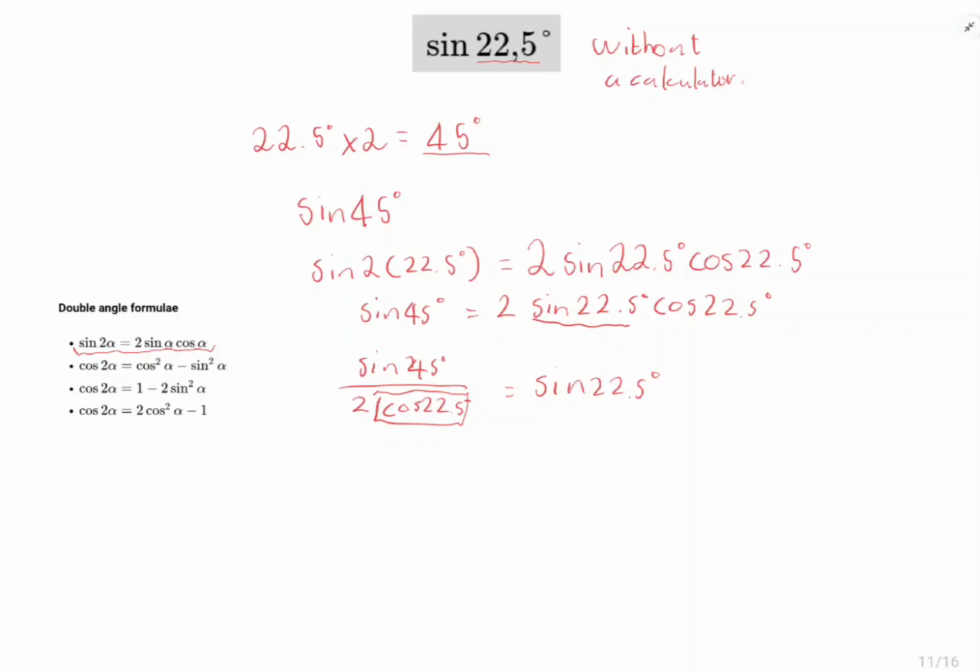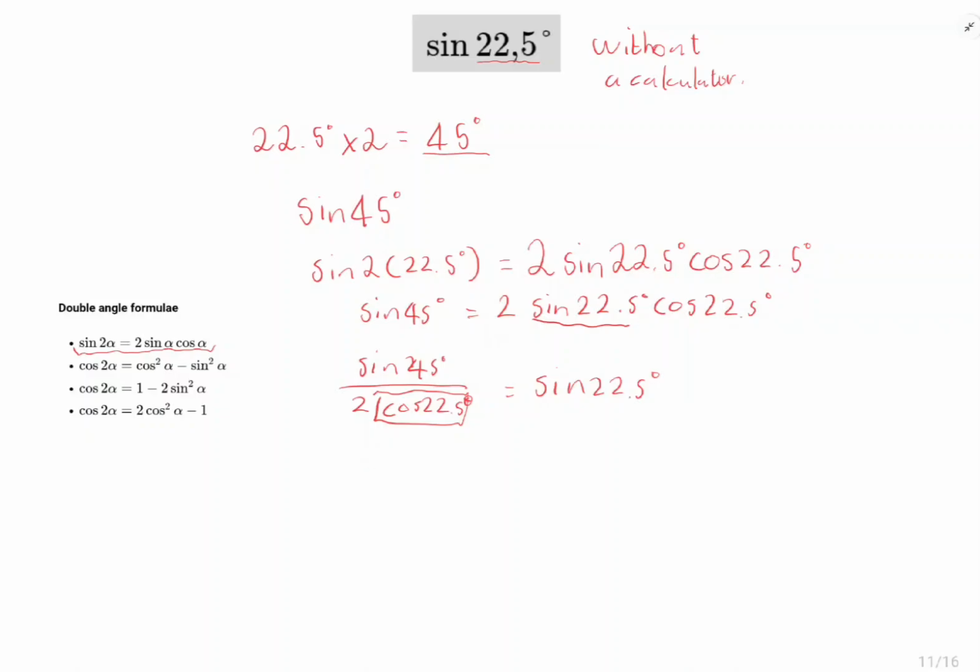So that raises another problem. Now what? We tried to work with sine 45 and expand it out in a double angle formula. It didn't work because we have cos 22.5 degrees that we somehow cannot solve. Okay, so what's our next solution?